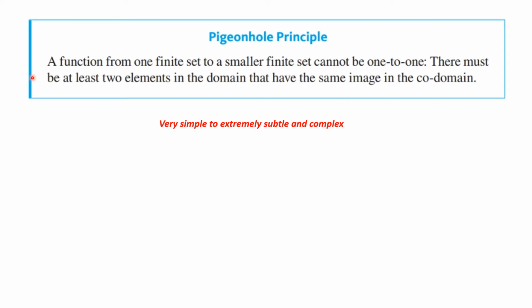A function from one finite set to a smaller finite set cannot be one-to-one. There must be at least 2 elements in the domain that have the same image under that mapping in the codomain. Now, this is a very simple idea, but the applications range from very simple to extremely subtle and complex. Let's look at a few of them.